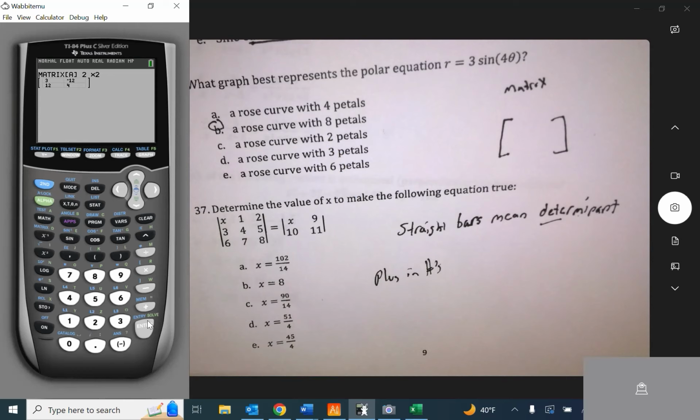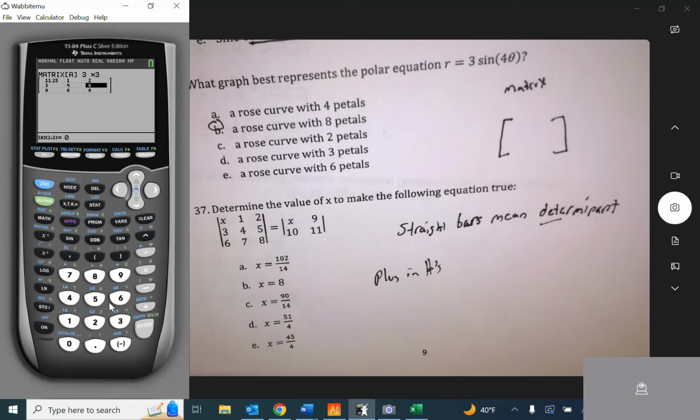So the first one is a 3 by 3. And I don't know what the right answer is here. I'm just going to try 45 over 4 for no good reason. So I'm going to let that x be 45 over 4 in both matrices. I know it's not 8 because I already tried 8 earlier.